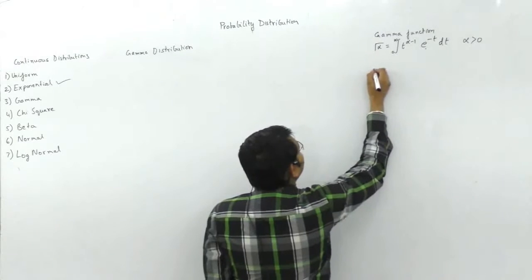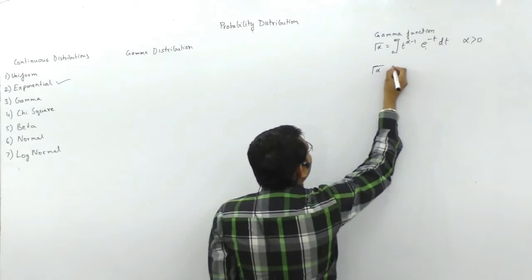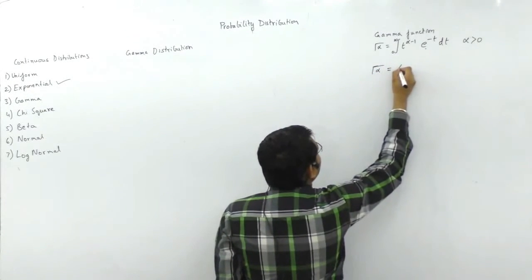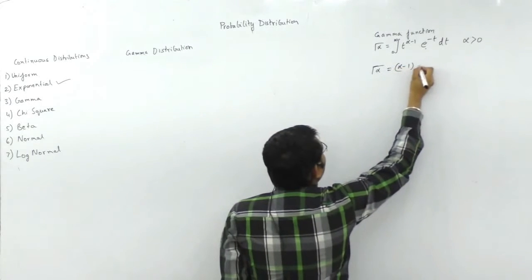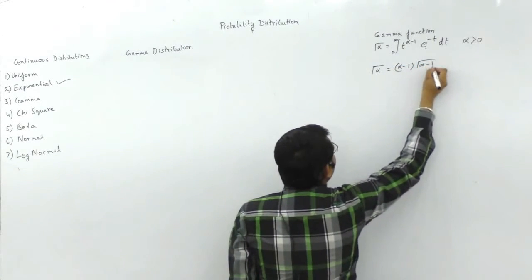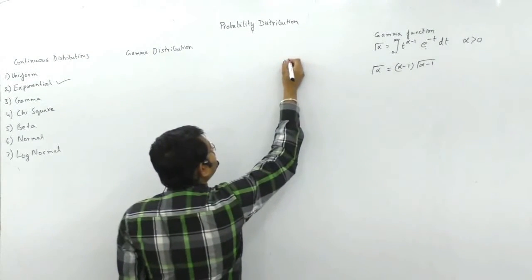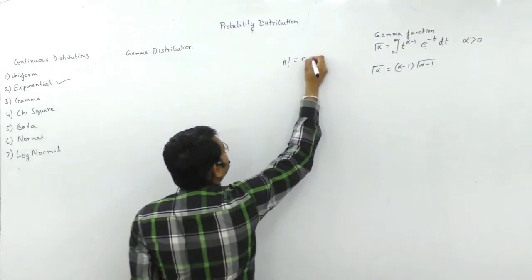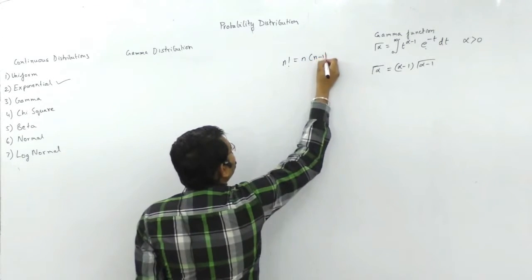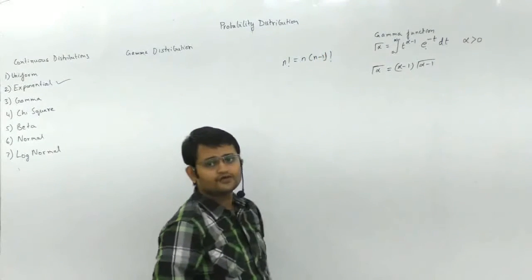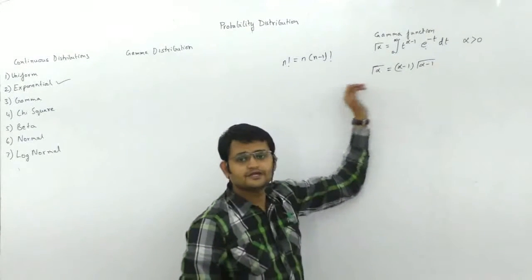First of all, gamma of a particular value alpha is nothing but alpha minus 1 into gamma of alpha minus 1. Now what is the property of factorial? N factorial equals n into n minus 1 factorial. So it is slightly different from factorial, but it uses a similar kind of property.